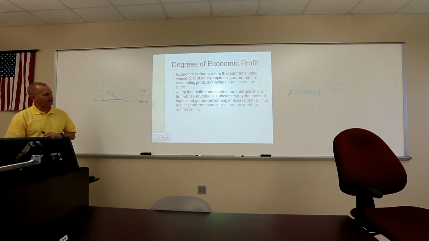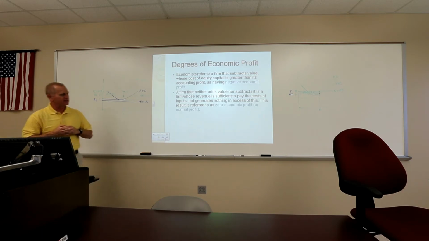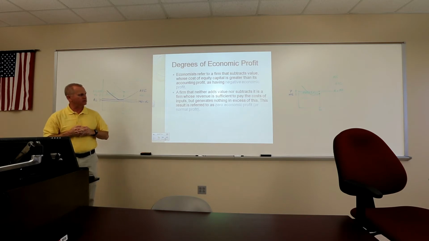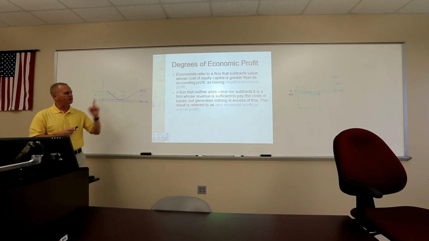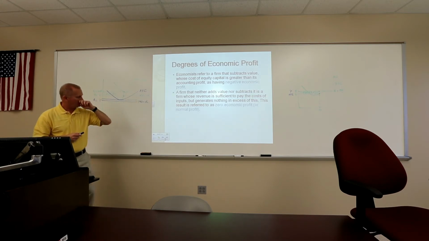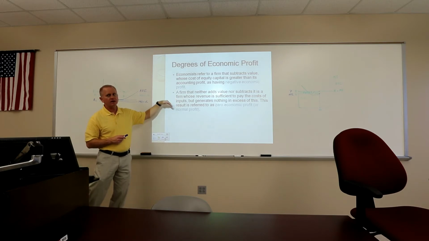A firm that neither adds value nor subtracts it from the marketplace, and whose revenue is sufficient to pay the cost of inputs but generates nothing in excess of this, will result in a zero economic profit, or what oftentimes is called normal profit. Remember the graph we had a couple slides ago that was just tangent to the bottom of it?